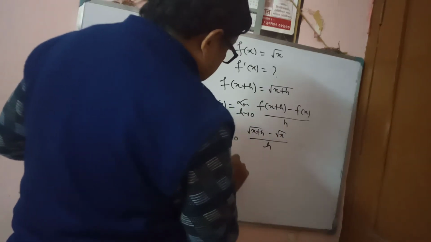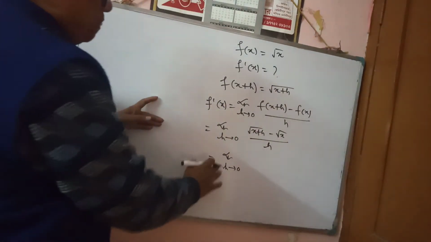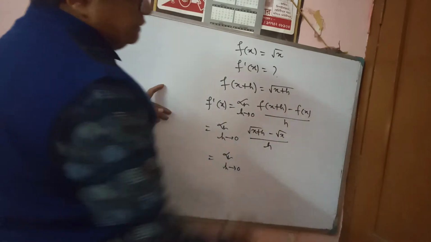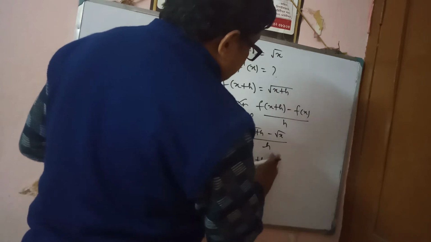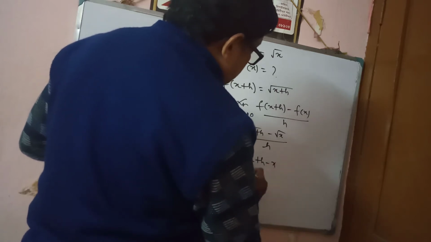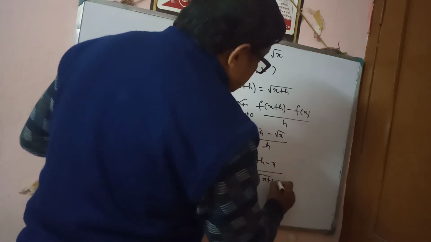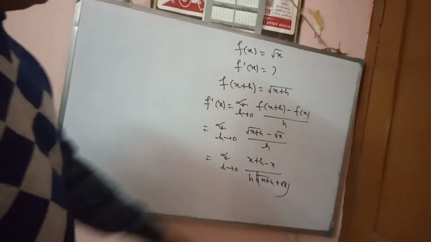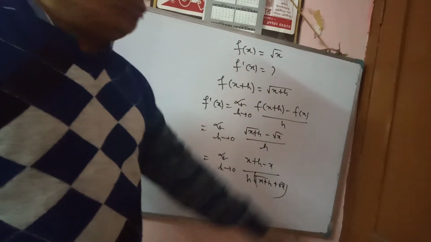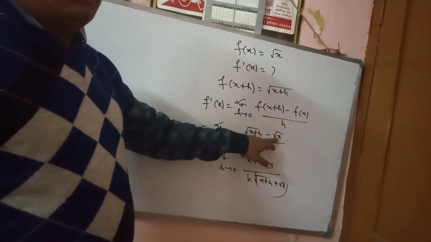So write limit h tends to 0. Okay, just rationalize. Both numerator and denominator you have to multiply by root x plus h plus root x.